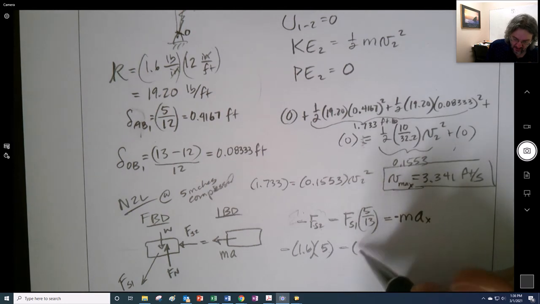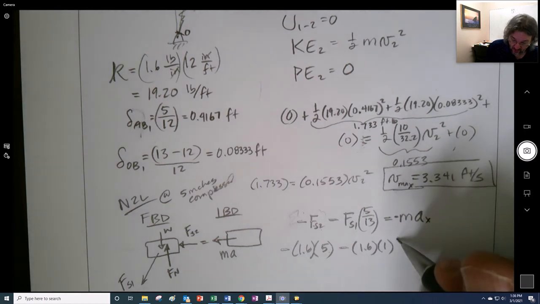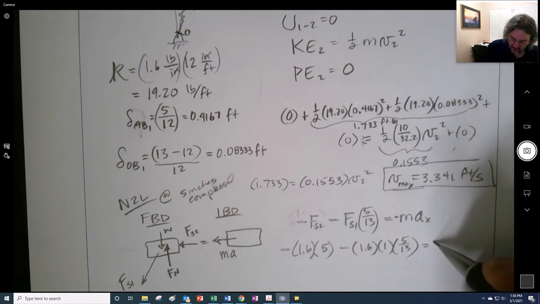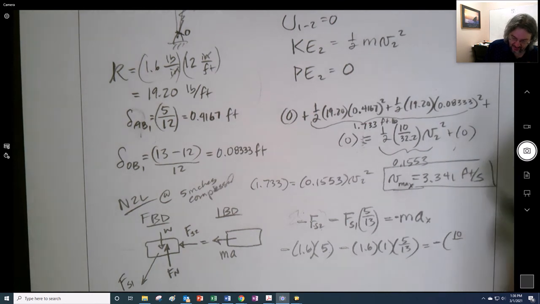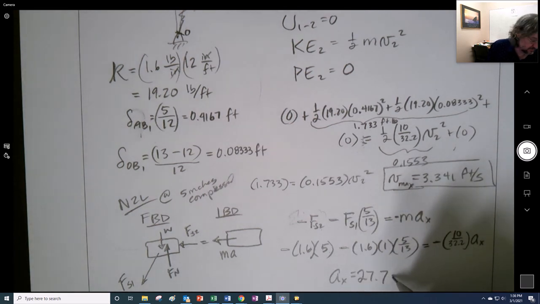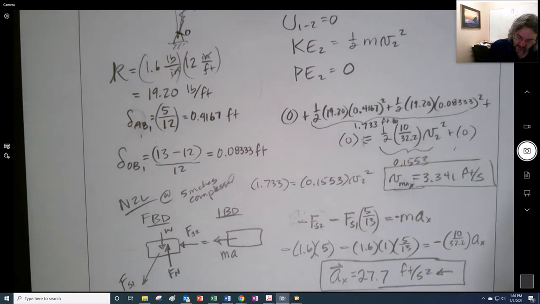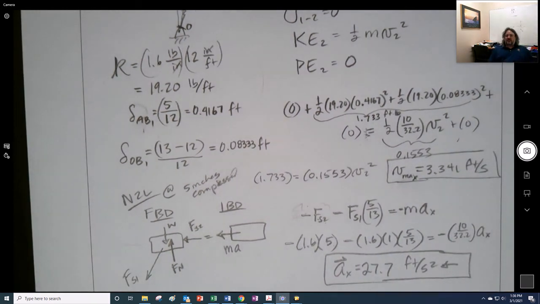And then this one is going to be 1.6 times 1, because it's only compressed 1 inch or stretched 1 inch, and it's 5/13ths. It's going to be equal to the negative 10 pounds over 32.2 times the acceleration right there. So we're going to get an acceleration of 27.7 feet per second squared. And it's going to be in that direction right there. So we can make that into an acceleration. And I said it's in the x direction. Maybe I should get rid of the subscript x.